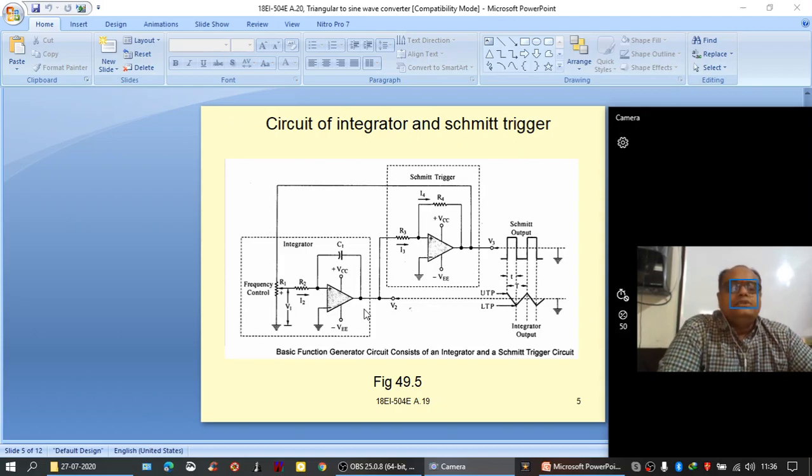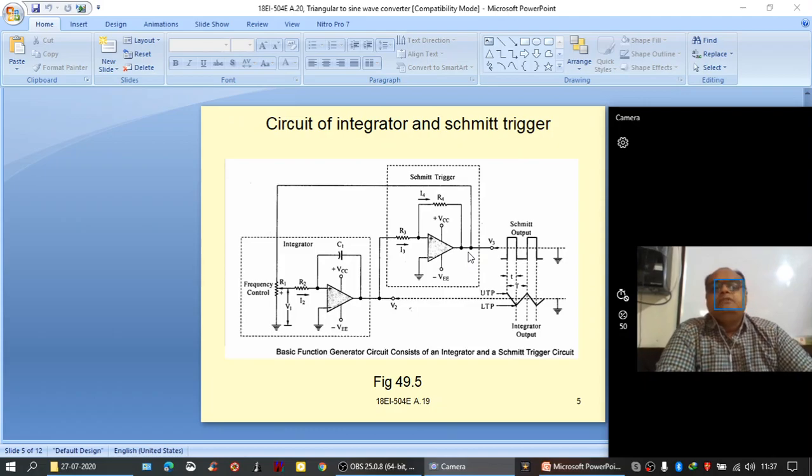Here, just to recollect the functioning of this integrator and Schmitt trigger circuit, let us assume that when there is no power supply, the voltage at the output of operational amplifier 1 that is used in integrator is 0, and here the output of operational amplifier 2 which is used in Schmitt trigger also is 0.